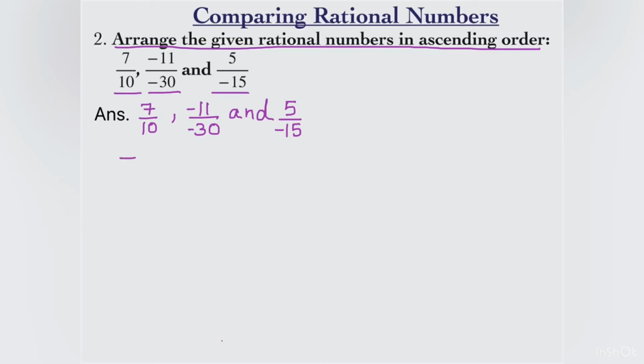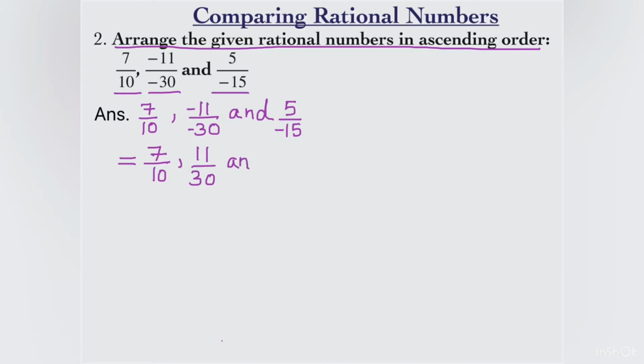In 7 by 10, the denominator is positive. In minus 11 by minus 30, both numerator and denominator have the same sign, so it is a positive rational number. We can write it as 11 by 30.